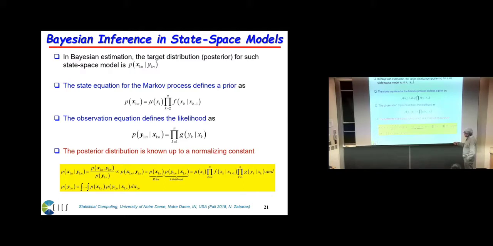If I use Bayes' rule, in essence, the unnormalized posterior is the joint probability of x1 to n and y1 to n, right? So we don't really care about the denominator at this point yet. If we somehow can get samples from this normalized posterior, that would be great.